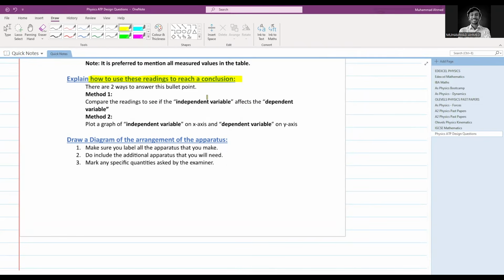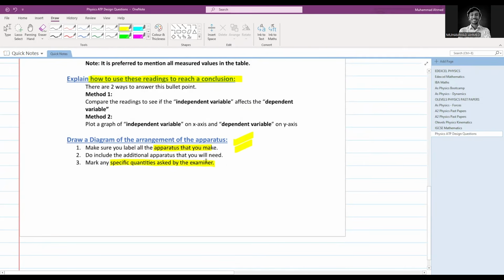Or there is another method as well: you can say plot a graph of independent variable on the x-axis and dependent variable on the y-axis. Secondly, if you are asked to draw a diagram of the apparatus, you can draw a diagram with all the missing apparatus, and if you need to specify any quantities, you can specify that as well.